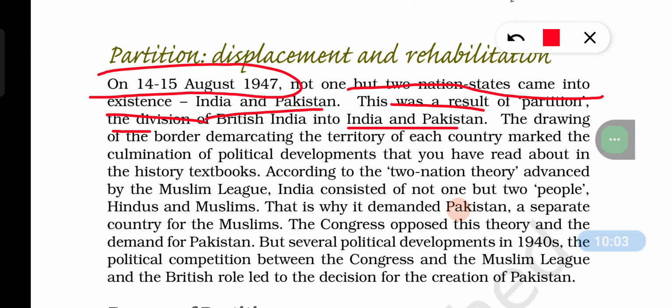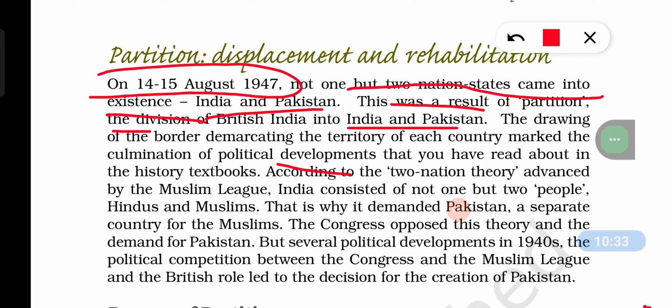The drawing of the border, and the territory of each country, marked the culmination of the political developments that you have to read in history. The partition was decided on the basis of which religion the people in a particular area belonged to.